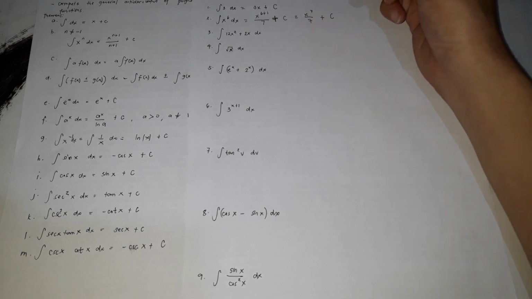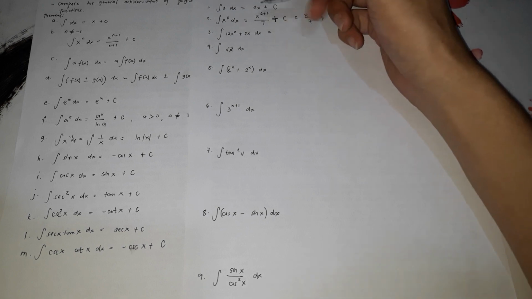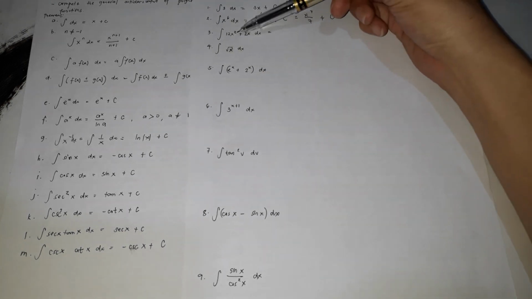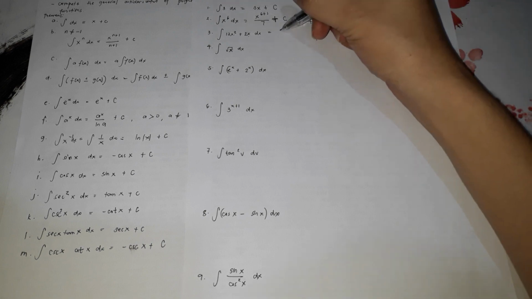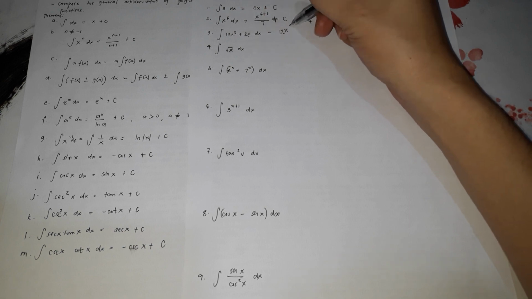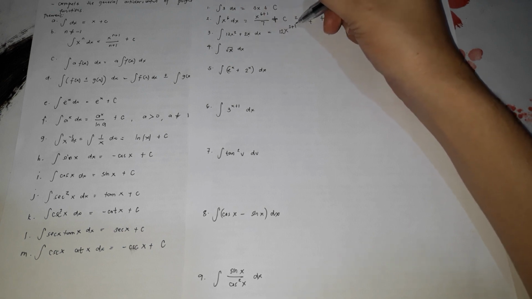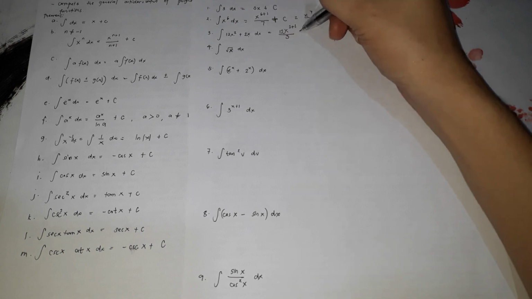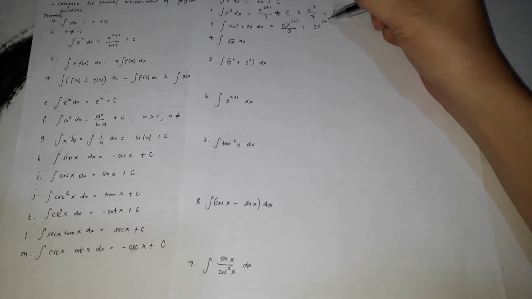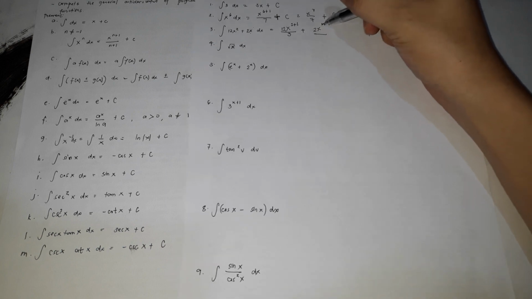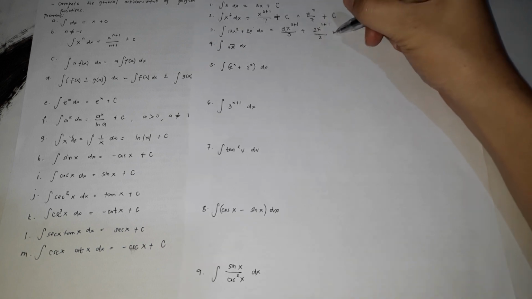For number 3, it's for letter D. You get the antiderivative of the first term and then the second. Copy 12 and then x to the 2 plus 1, just add 1 and then copy the sum on the denominator, plus 2x to the 1, because the exponent is 1, so 1 plus 1 over 1 plus 1, 2, plus c.